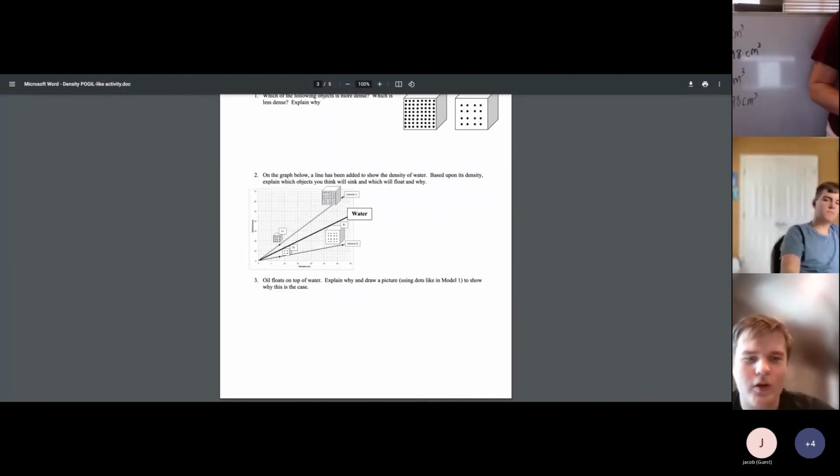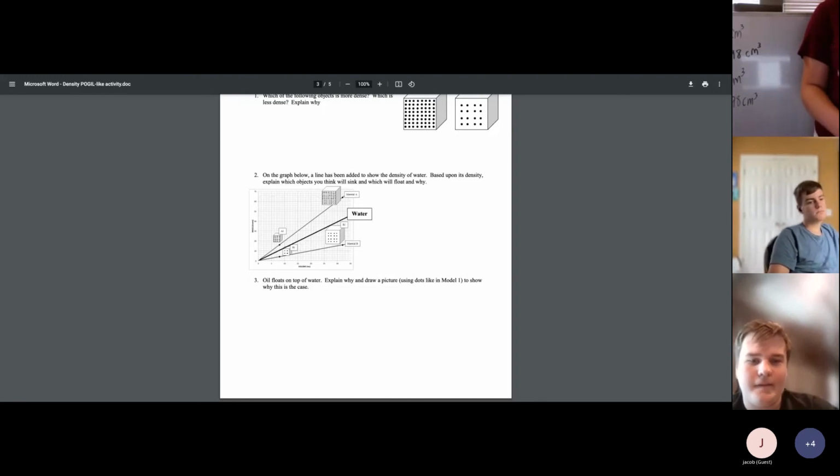I'm trying to think of like oil in a way, so I guess it would sink, or would it kind of like float, kind of make layers? It would kind of like suspend in the middle of the water. Yeah, it would make a layer. Yeah, it would kind of make a layer, yes.